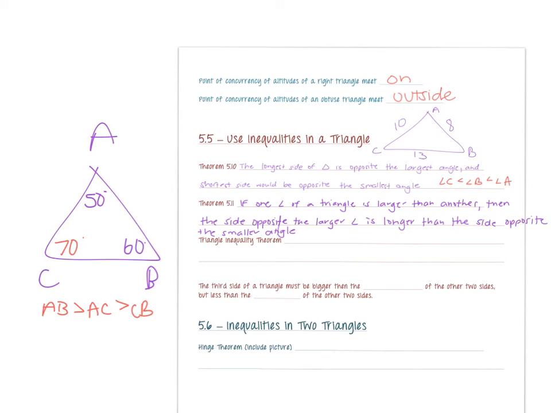All right, the triangle inequality theorem said that the sum of any two sides of a triangle has to be greater than the third side.